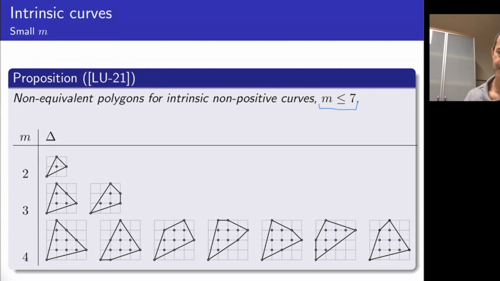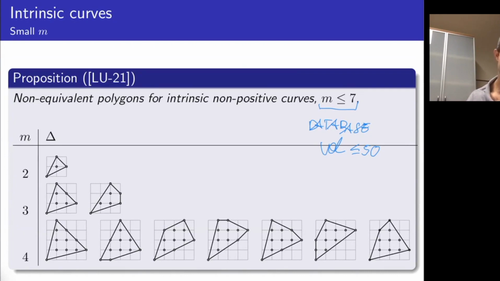This is because there exists a database due to Balletti online, classifying all the non-equivalent polygons up to volume 50. And since we are considering the square of m, we can go up to m equal to 7. Here I just draw the picture for m up to 4 because then there are too many. So this is the first result about intrinsic curves.